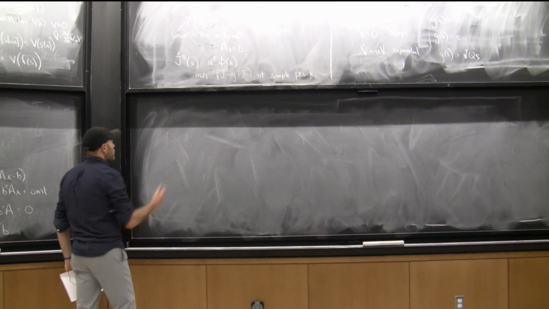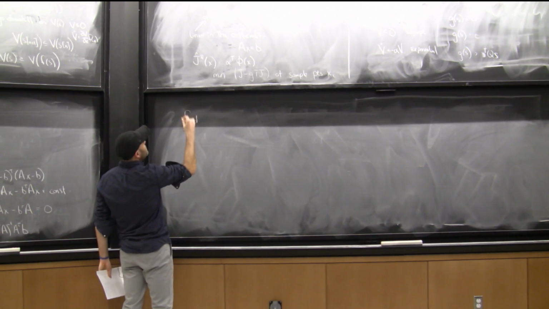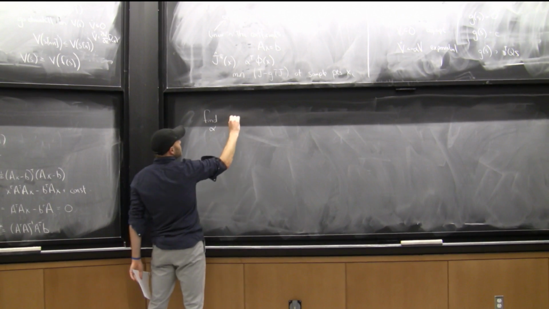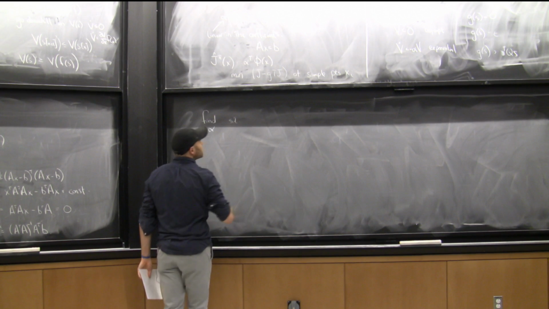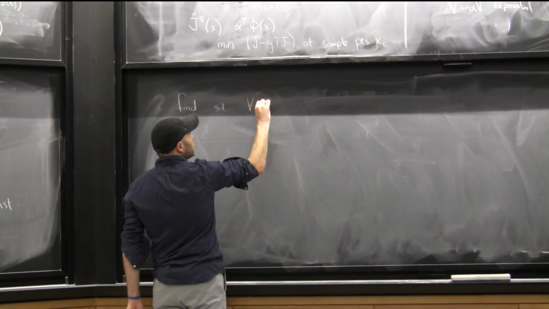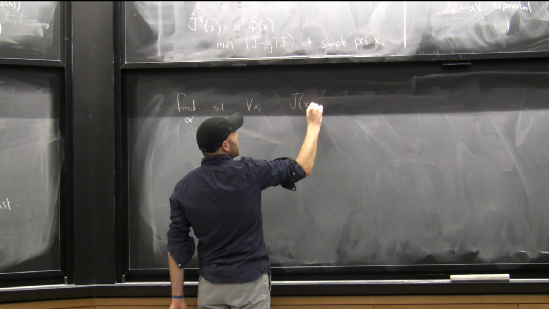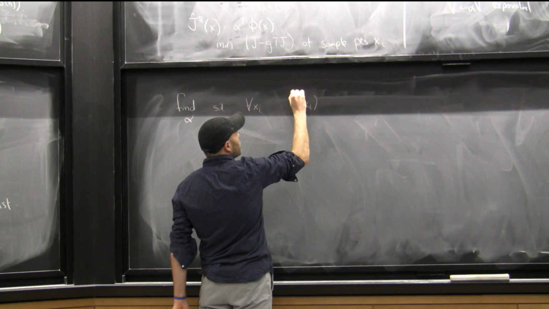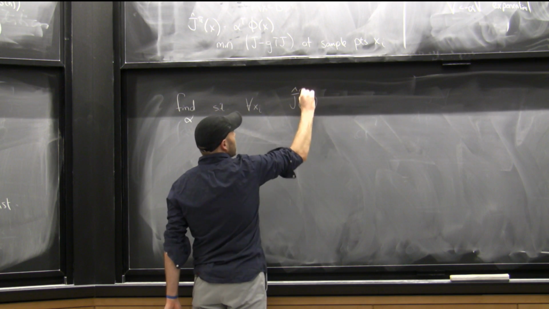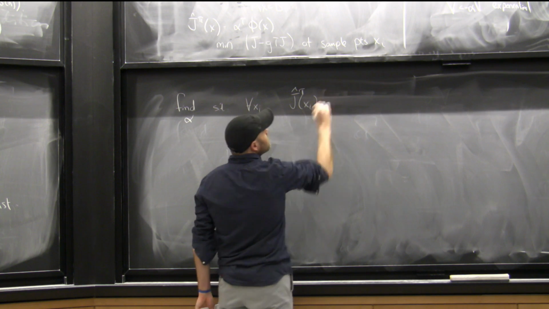If we really just want to write this, find some vector alpha such that, let's say, for all xi, my j of xi hat pi is, which way did I write it?